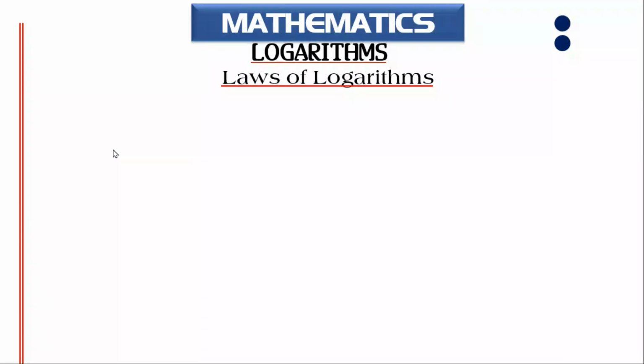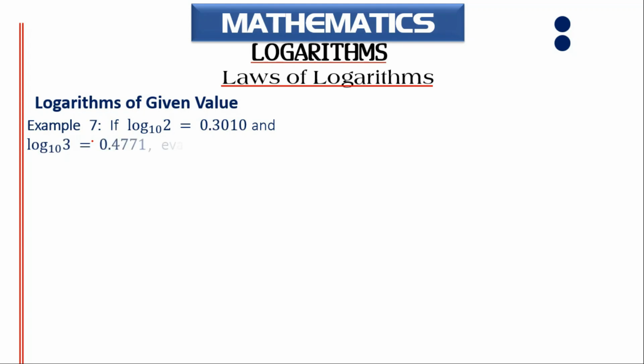You need to take note of this. Right? So we'll be checking out one last part of this logarithms. Now, logarithm of given values. In some cases, they can give you the value of certain logarithms, and you'll be asked to evaluate the entire logarithm. So in this case, you're not expected to use a table, and as much as possible, you're not expected to also use a calculator.